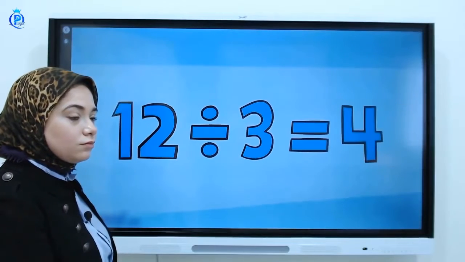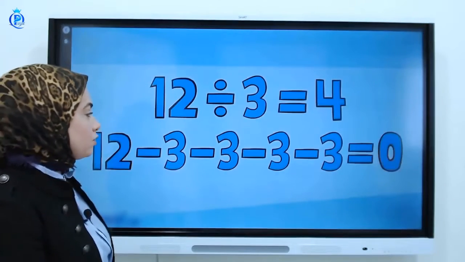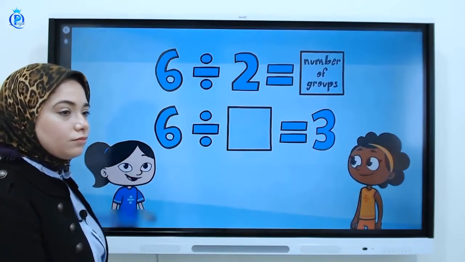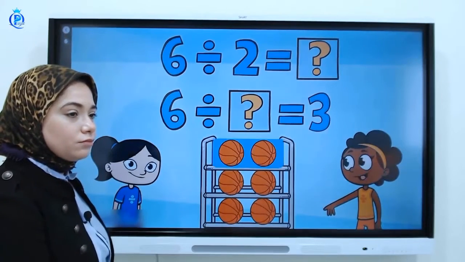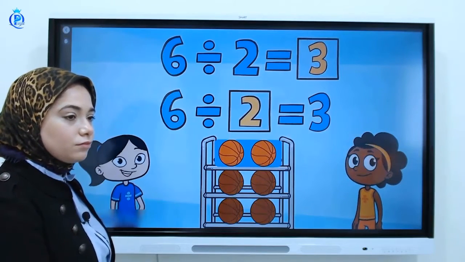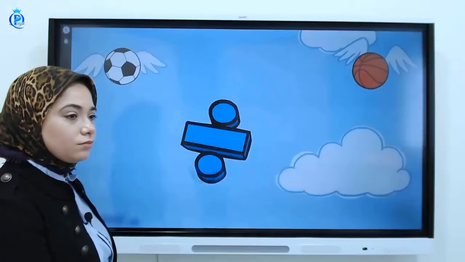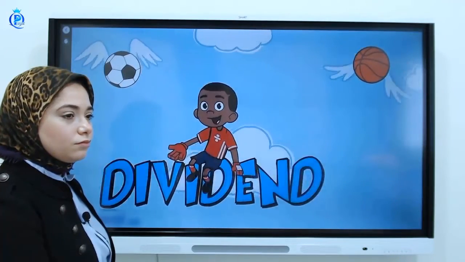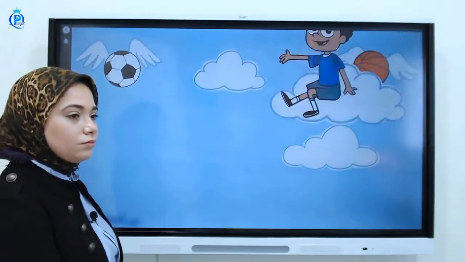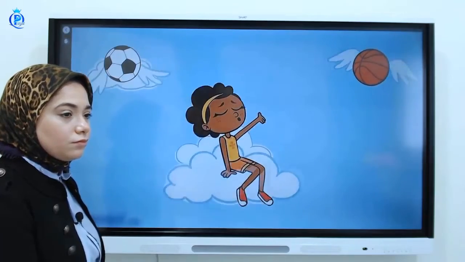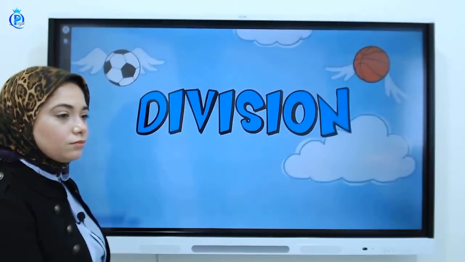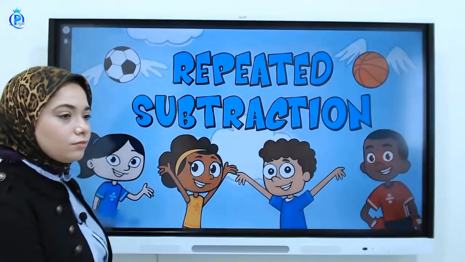We can think of division as repeated subtraction. When we divide, we're either finding the number of groups or the group size. If we look at the basketballs, we can find 3 groups of 2, or we can find 2 balls in 3 groups, which is equally true.